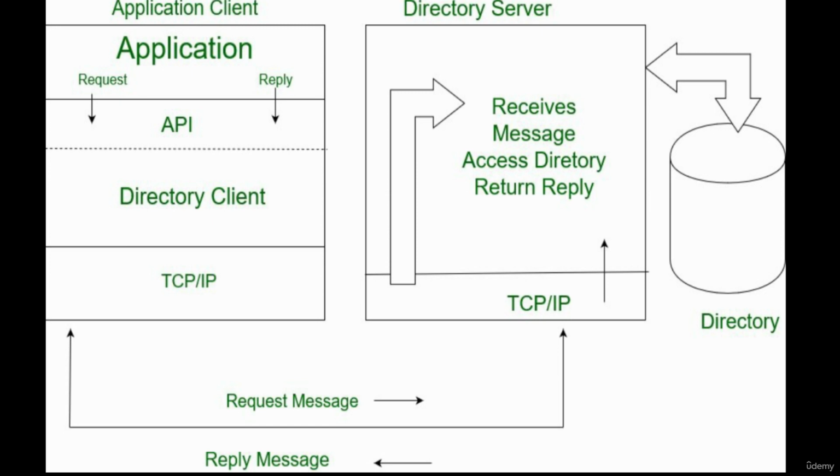Application request and reply, the directory client over TCP, then it connects with the directory server. Application sender, directory receiver. Then whatever you want, just give and reply this information to the application client.